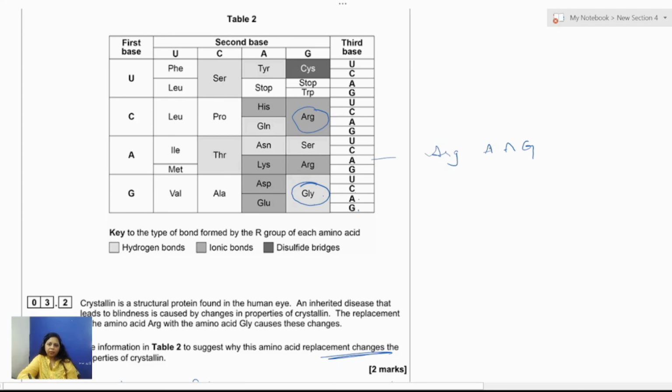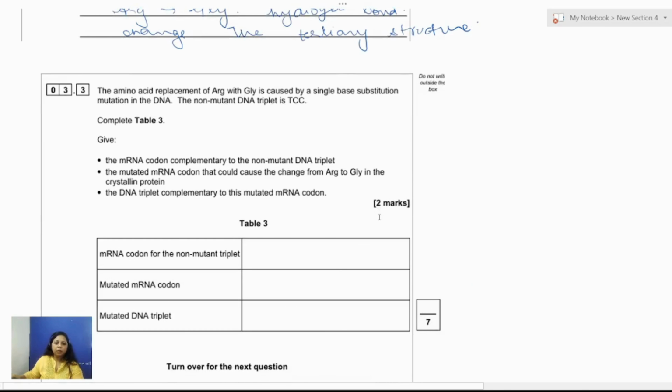So I guess the mutated one would be, okay, let's say GGG. And what would be the DNA?